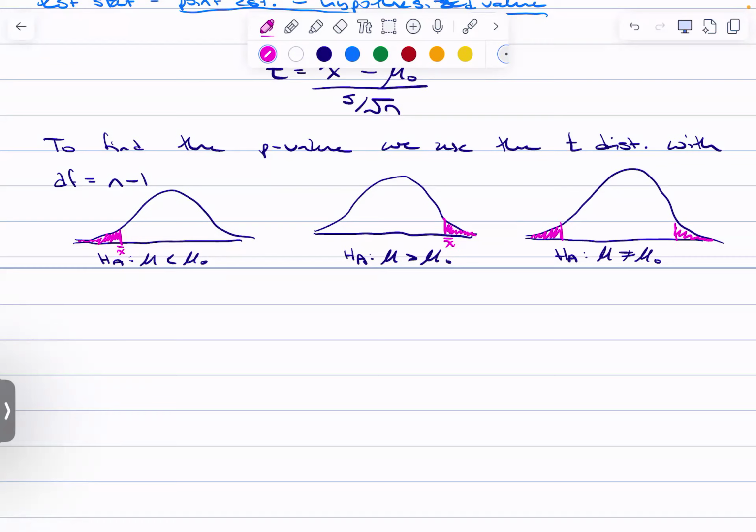I can't remember exactly, but maybe the t distribution in Excel might have a two-tailed option, right? Which would just take the one-tailed p-value and multiply by 2. I can't remember exactly, but worth poking around with.